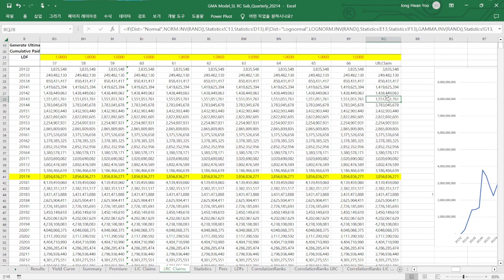That's how I do a very simple Monte Carlo simulation to generate the distribution of future ultimate claims. So that is why I need to do all the previous work, and finally I generate the ultimate loss distribution based on the scenarios.